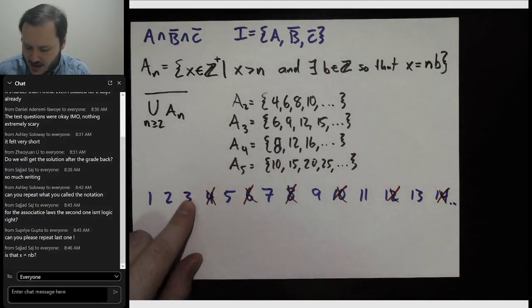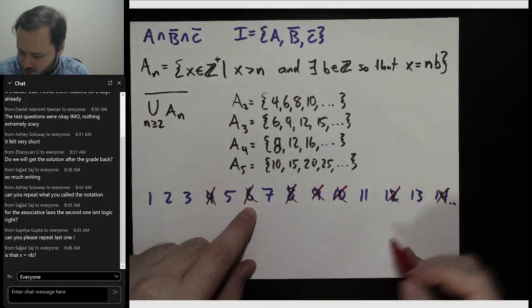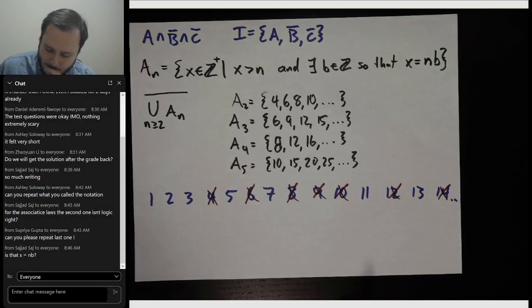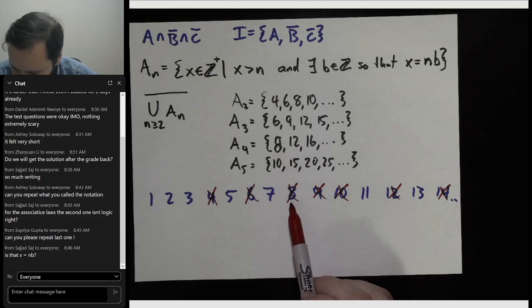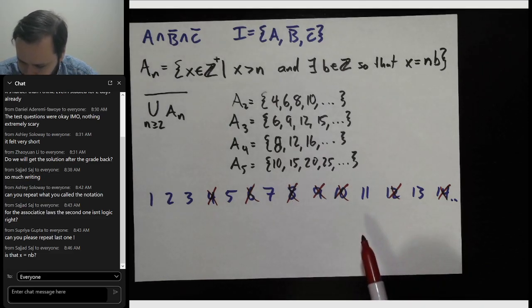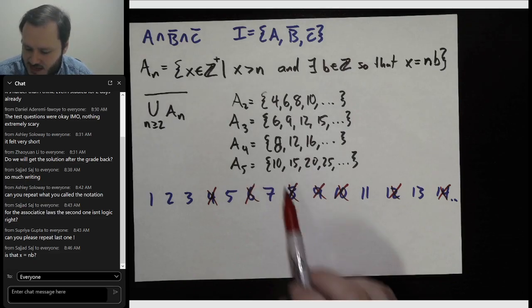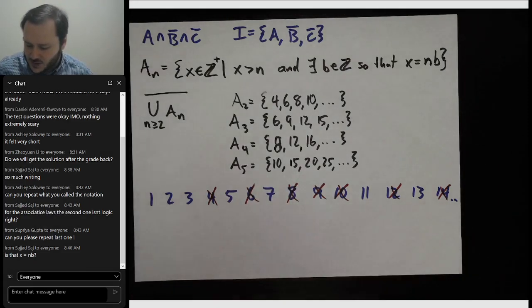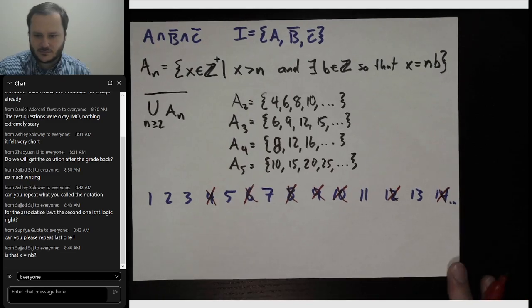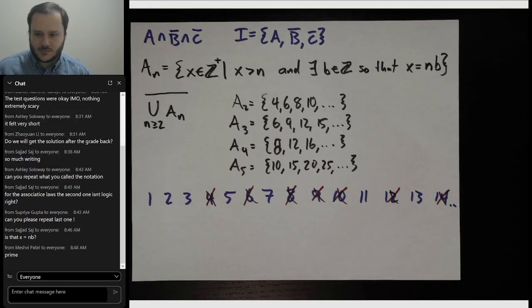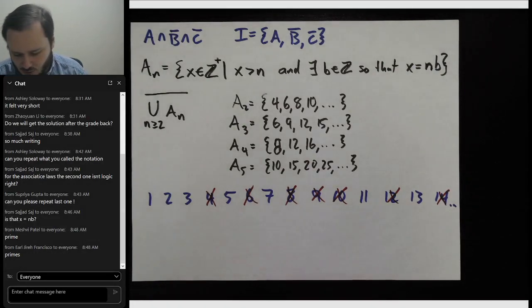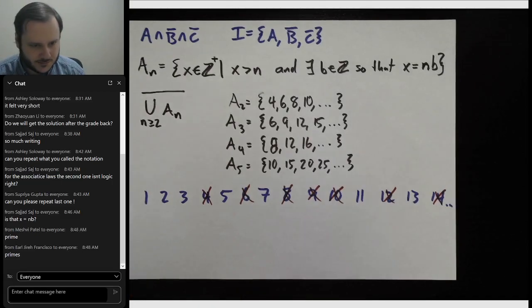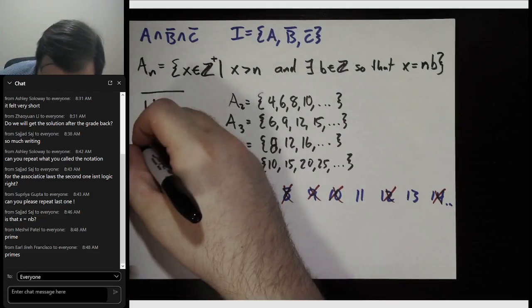And then from A3, I get rid of 6 and 9 and 12 and 15. From A4, I get rid of 8, already gone. 12, already gone. From A5, I get rid of 10, 15, 20, 25. What am I left with at the end? Yeah, really good. This is a description of the prime numbers and also 1. So this is capturing the primes.